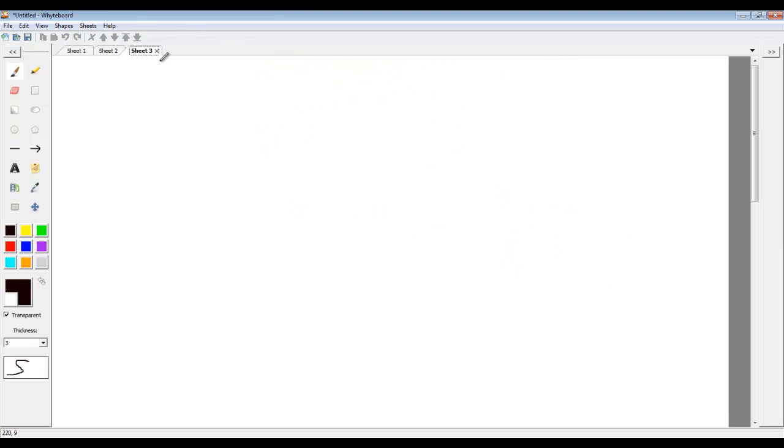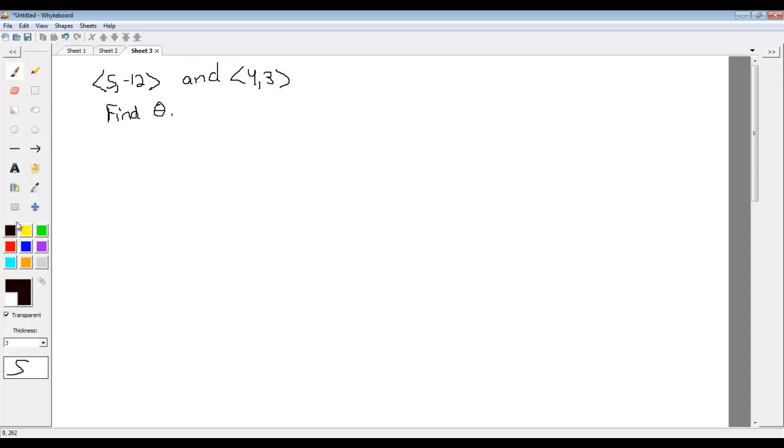Okay, so let's say we're given the vector 5, negative 12, and we're given another vector 4, 3, and we want to find the angle between these two. Find the theta.